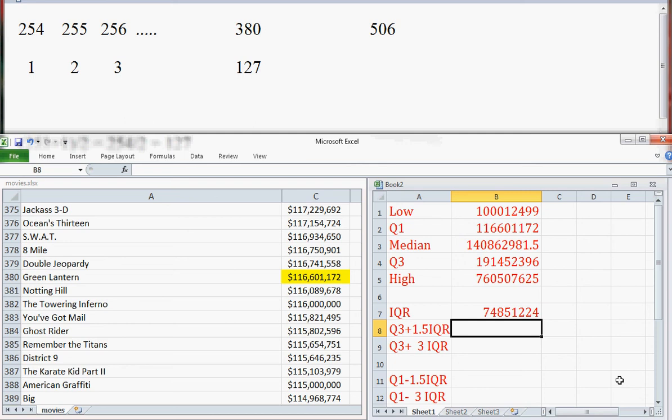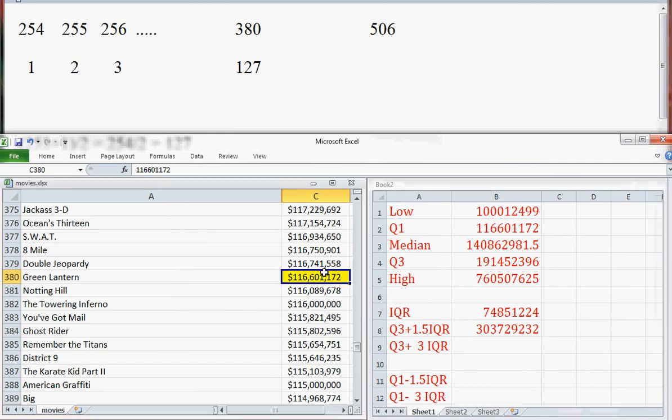You can just simply reference the cell numbers, and when I hit enter, I get the difference of those two things. Next, to find the cutoffs for the possible outliers and the probable outliers, on the top end, we'd have Q3 plus 1.5 times the interquartile range. So this marks the possible outliers. And so that gives me 303,729,232.